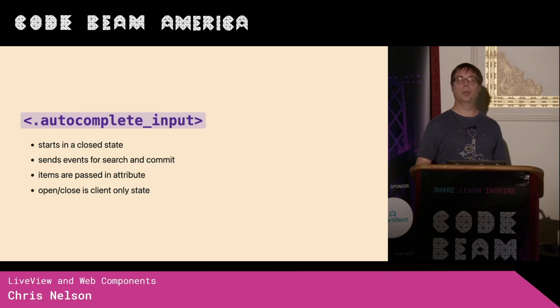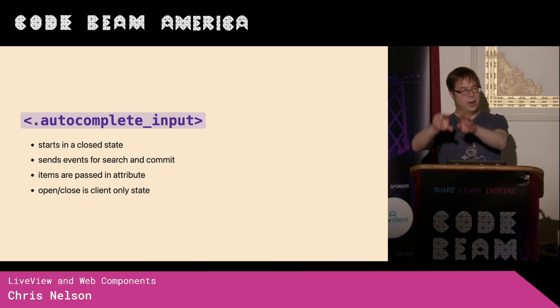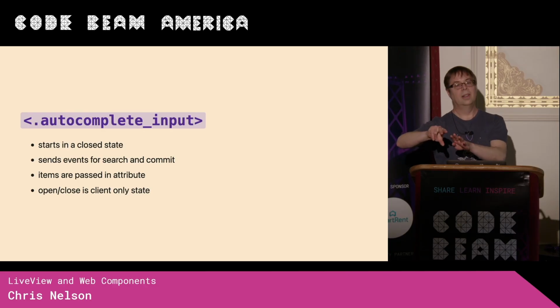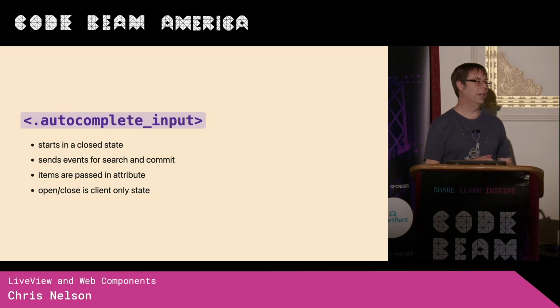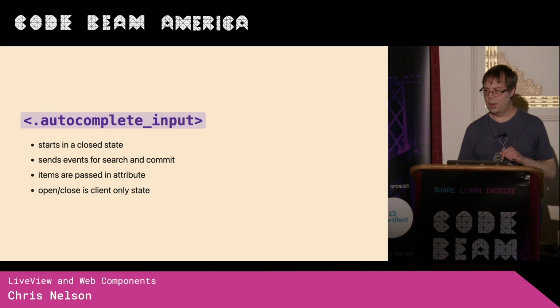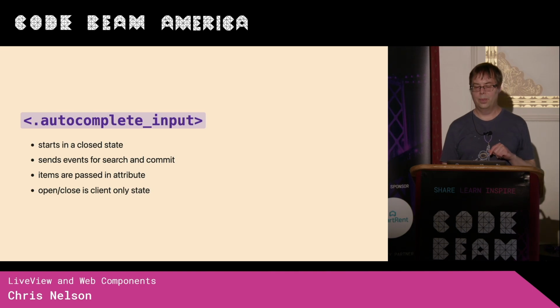An example of this would be a select element. The fact that you've clicked on that select element and you're now seeing the options appear, technically that is state, but you would never say that would be in LiveView. So anyway, just some of the things you've got to think about as you build apps like this.